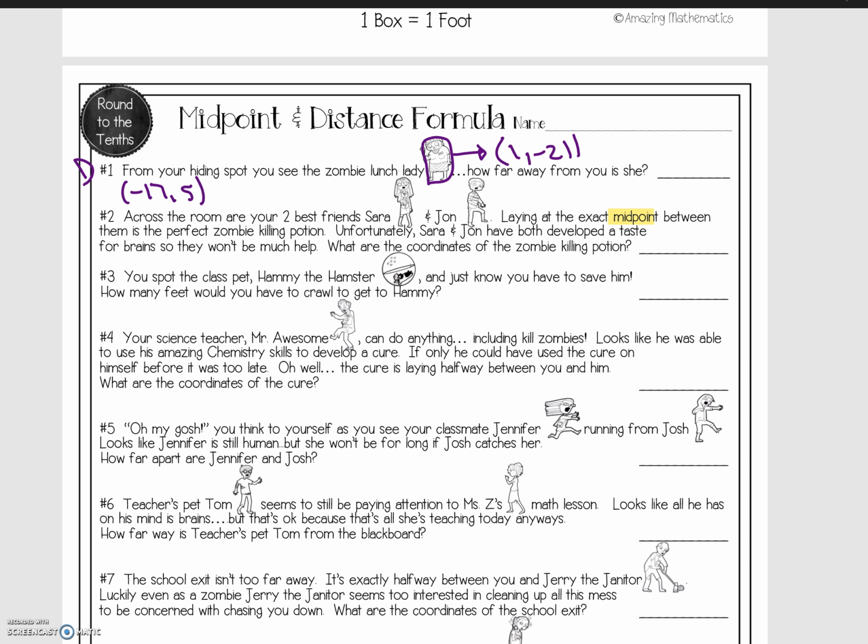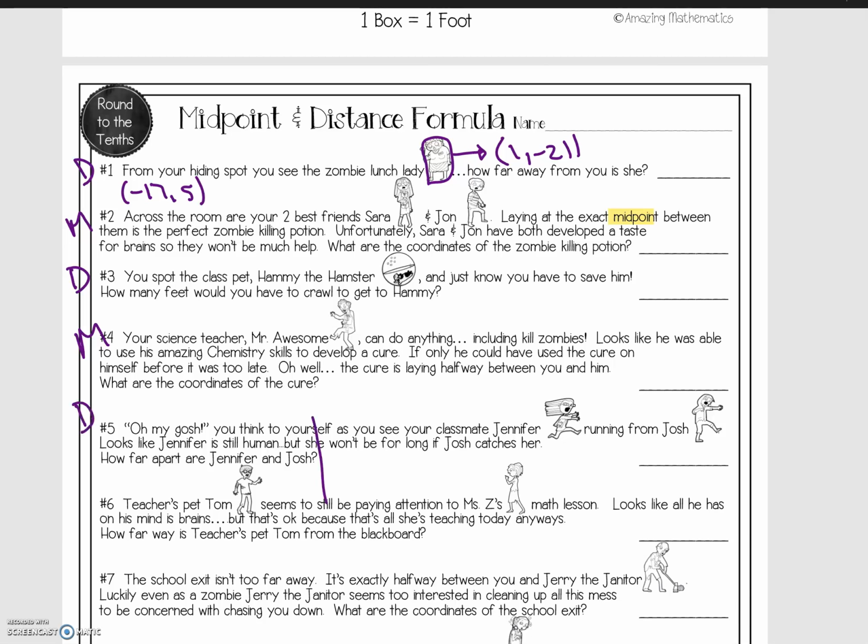On the next one, this one's midpoint. If you read them, they'll tell you what they are, but I'm just going to quickly go through them. Number 3, you're going to do distance. Number 4 is midpoint. Number 5 is distance. I did it again.